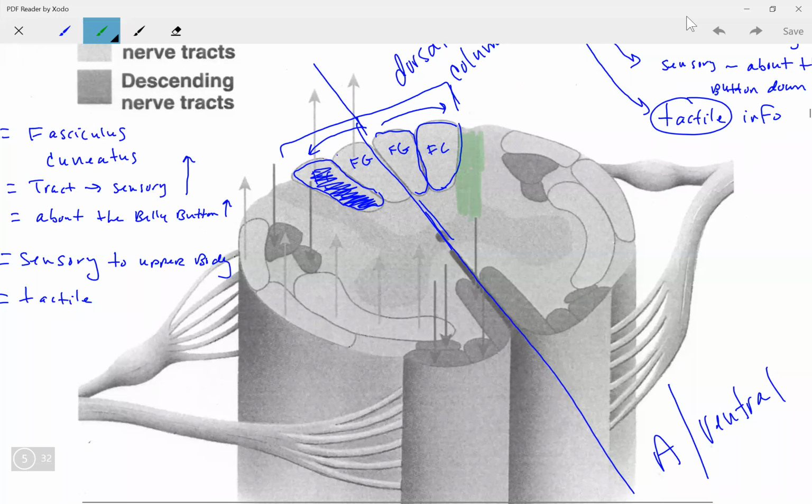So we said that the butterfly-shaped looking thing is the gray matter. I'm going to highlight this so it stands out better. All right, so we have some more anatomy parts to identify.